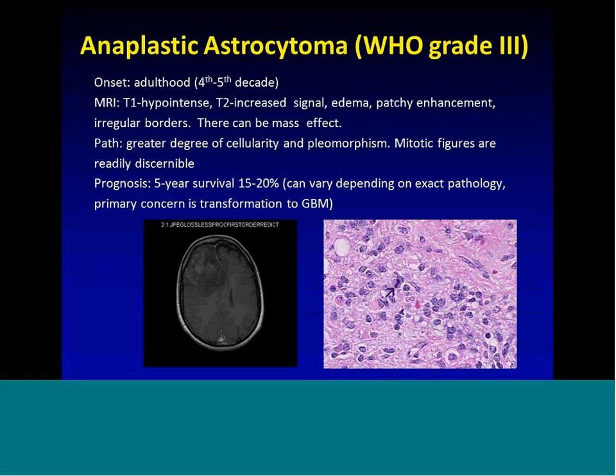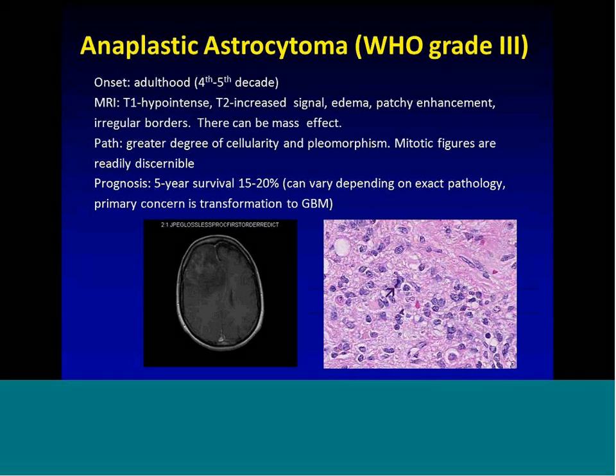But the one thing you won't see, even though you'll start seeing mitoses and more cellular pleomorphism, is microvascular proliferation, and you won't see necrosis. Because if you get those things, that's when you're going to glioblastoma.